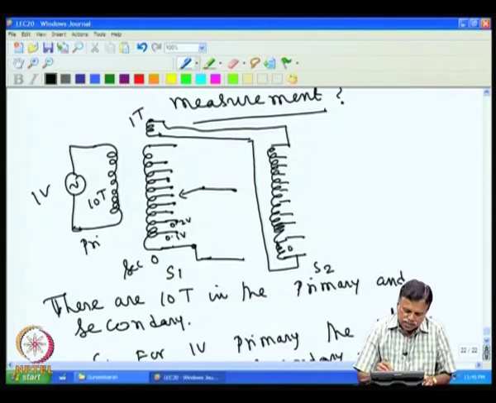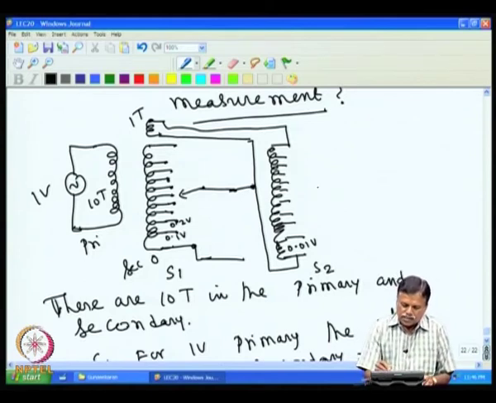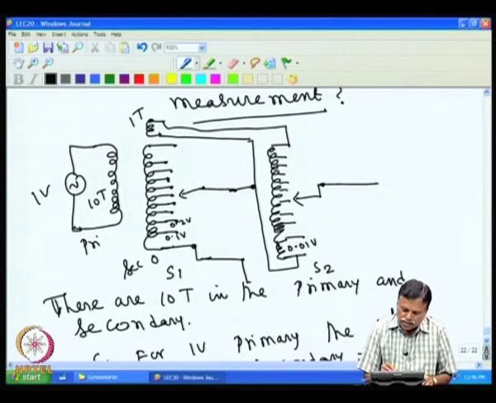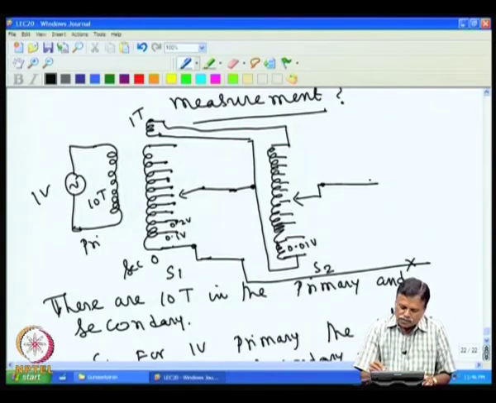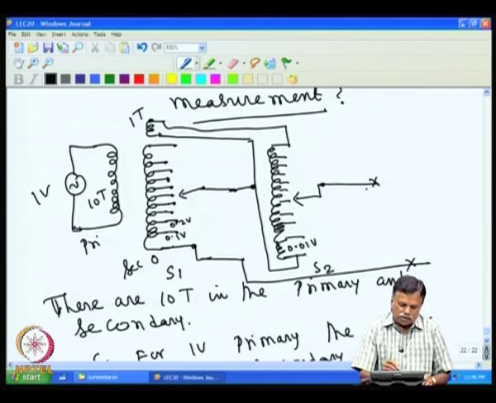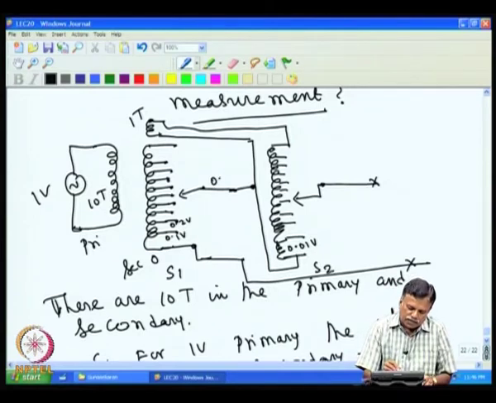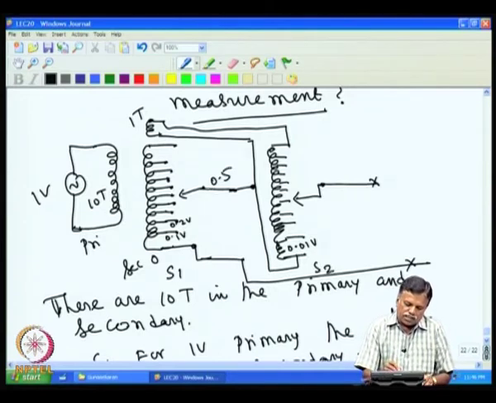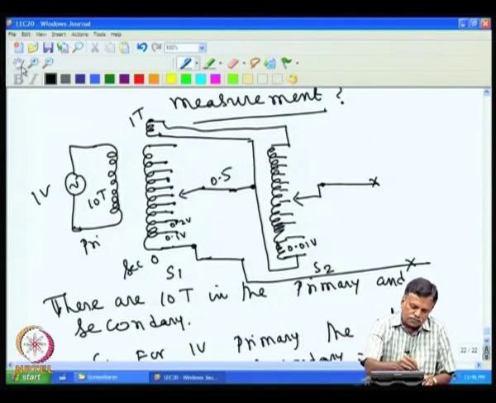So, the voltage across each turn here is 0.01 volt, and this point is connected to this, the center point is connected to this, and this has its own center tap. Now, if I take this point and this point, and look at the voltage across them. For example, if this is at the midpoint, 0.5, then the voltage at this point is 0.5 volt, because it is at the midpoint.